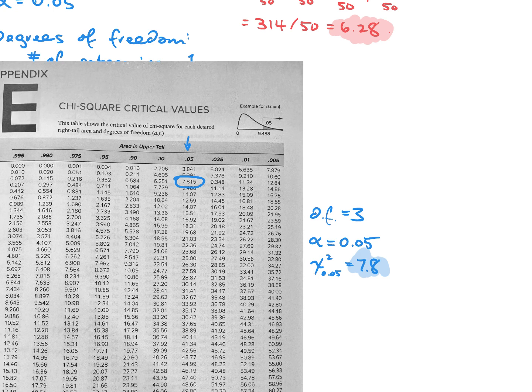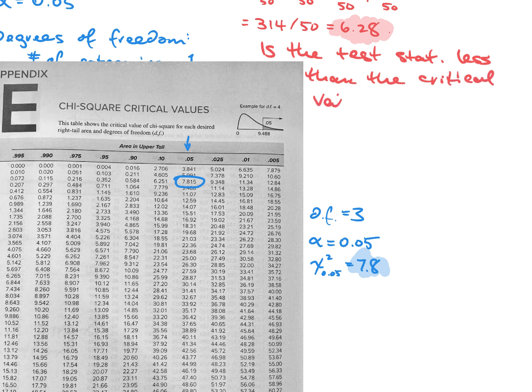When we test the hypothesis, we ask the question, is the test statistic less than the critical value? In other words, is 6.28 less than 7.8?